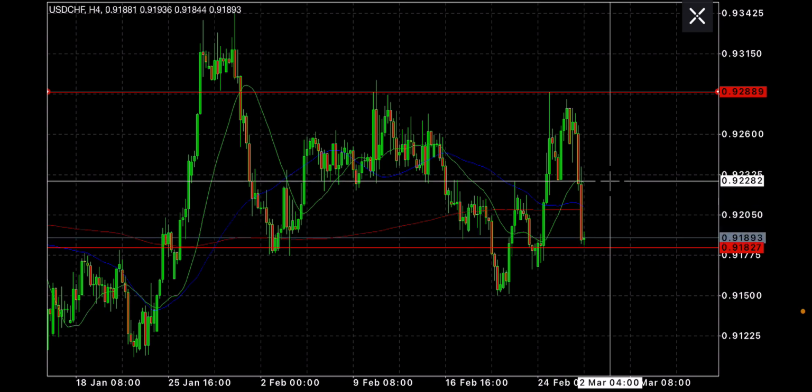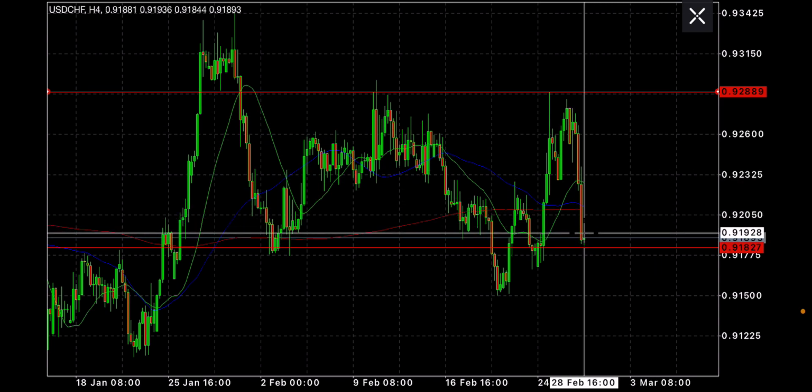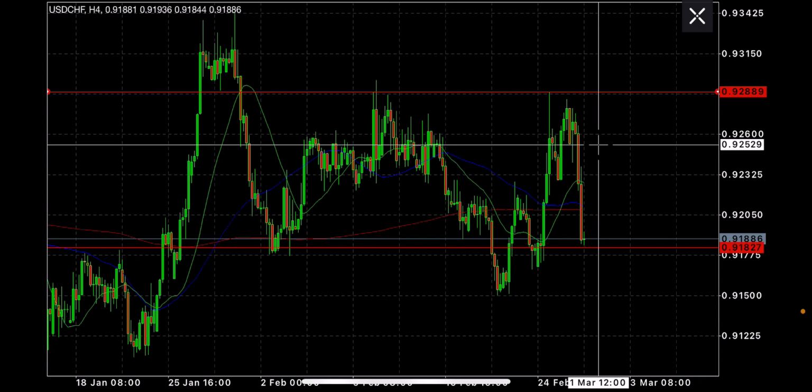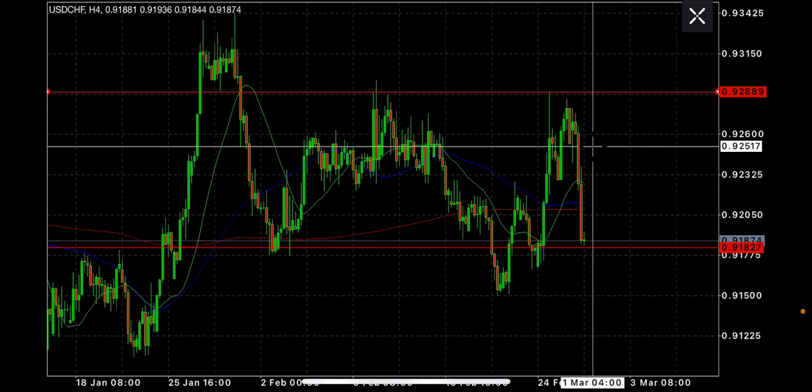Now, we may most likely continue to stay within this range where we're ping-ponging between 0.92889 and 0.91827. Okay, or let's say we do have a fundamental shift in which, because sometimes the USD during certain conditions can act as a safe haven too, and it seems to be the case with this Russia-Ukraine conflict.